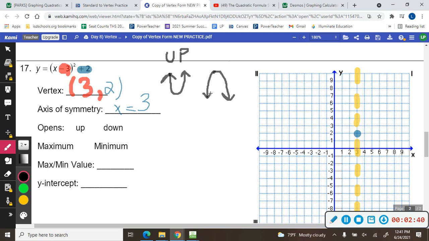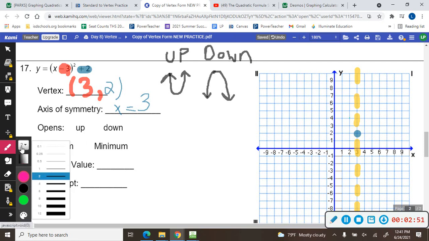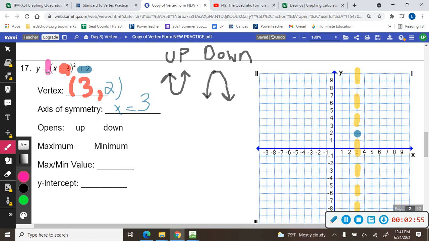It either opens up or it opens down. How do you know? Well, you go out here and you look at this number out front, and it's a 1. So if it's positive, then it looks like this. If that was a -1, then it would be this one. So I just found that it opens up.